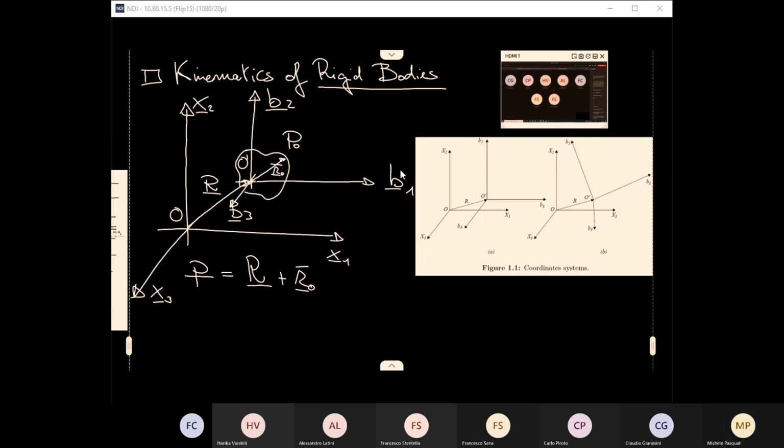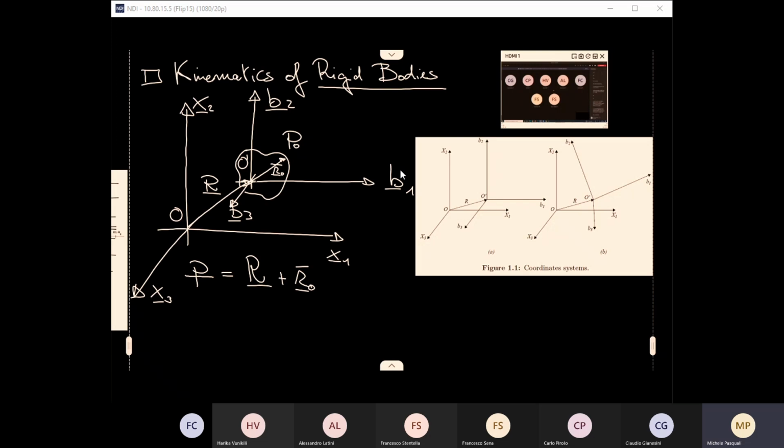So far there is basically no difference, apart from a difference in the origins between the 2 frames. Since the 2 frames are parallel, if I want to describe any vector with respect to B1, B2, B3 or X1, X2, X3, it's basically the same, because the axes are parallel. Now we undergo a rotation.